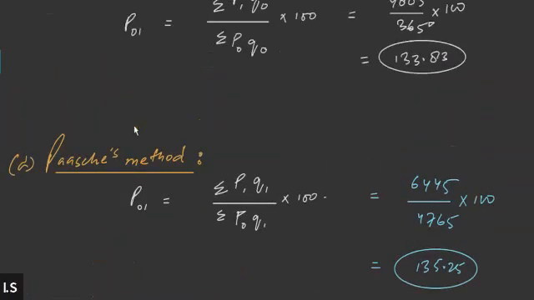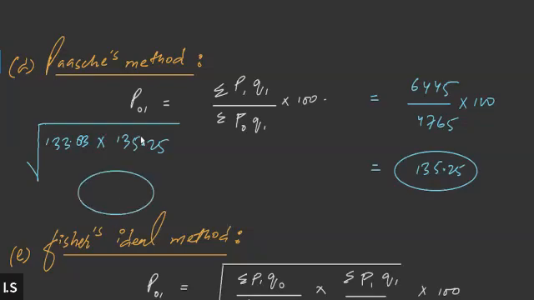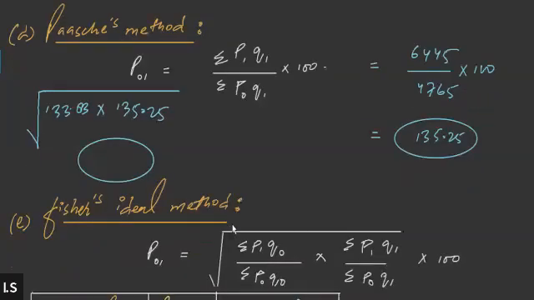So 133.83 multiplied with 135.25, right? And then you can find the square root of this, and whatever value you get will be your index number as per Fisher's ideal method.